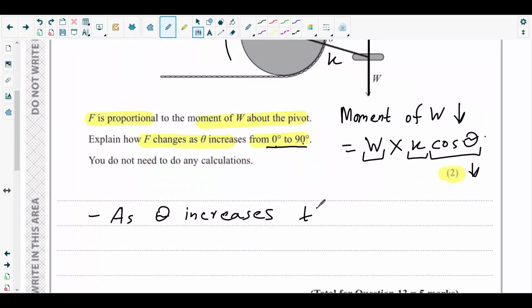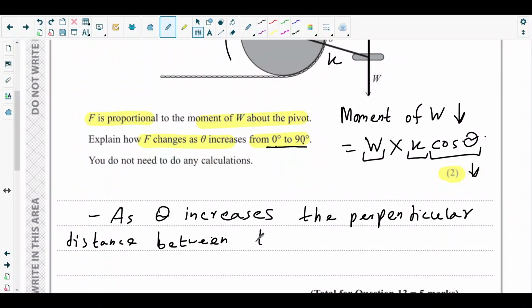The x cos theta is basically the perpendicular distance between the line of action of W and the pivot.